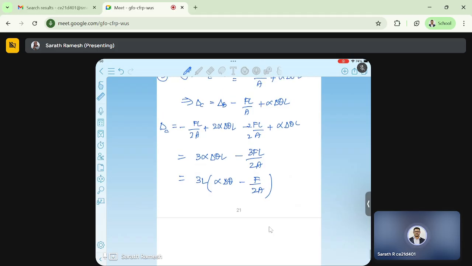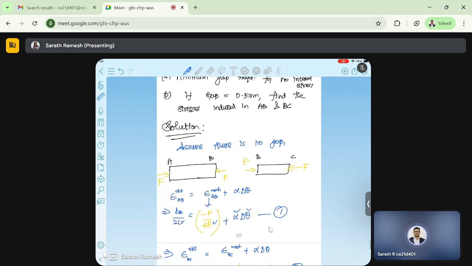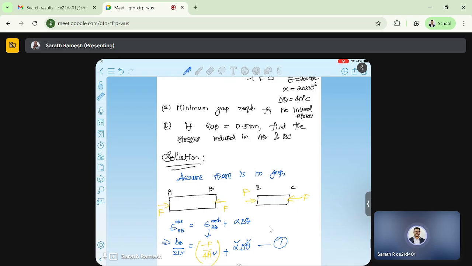This is equal to the gap, delta. Because we initially assumed there is no gap, but the question says there is a gap.